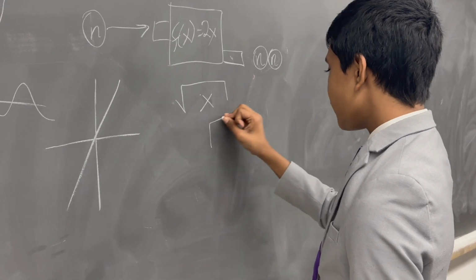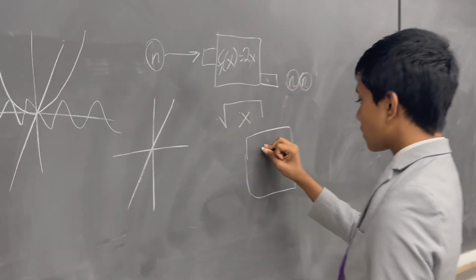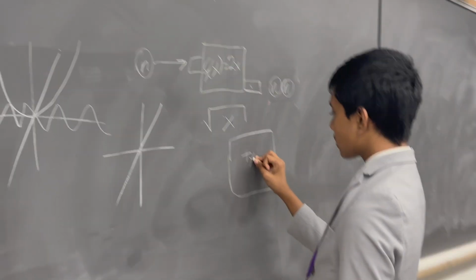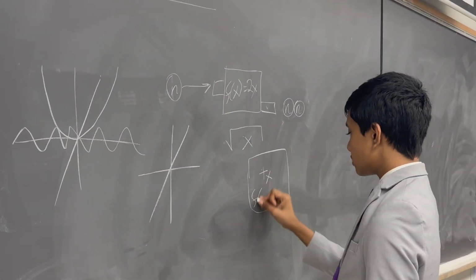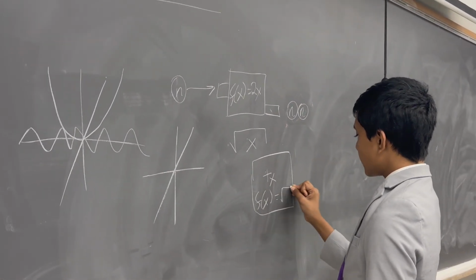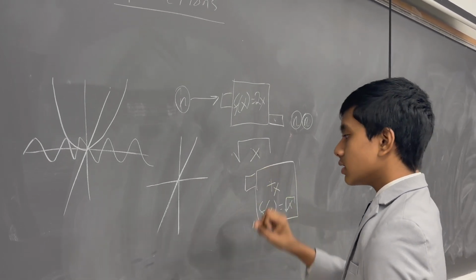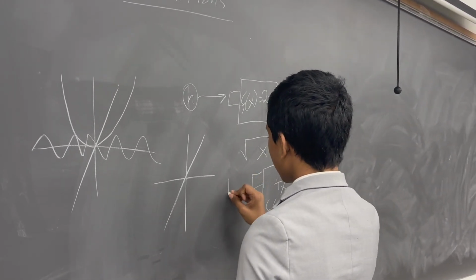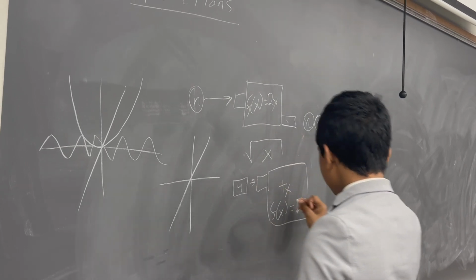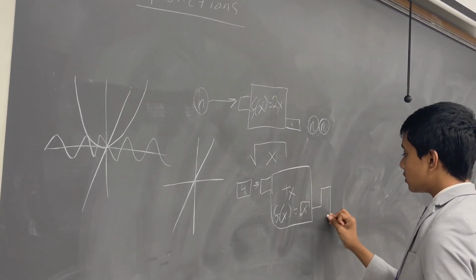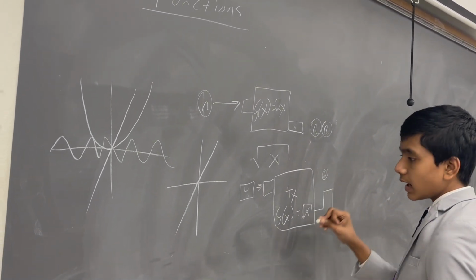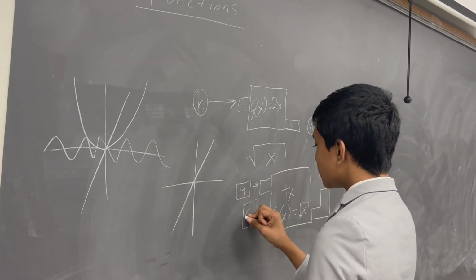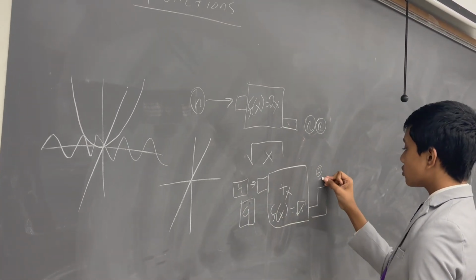So our factory right now takes in a number and spits out its square root. So for example, I put in 4, it spits out 2. I put in 9, it spits out 3.